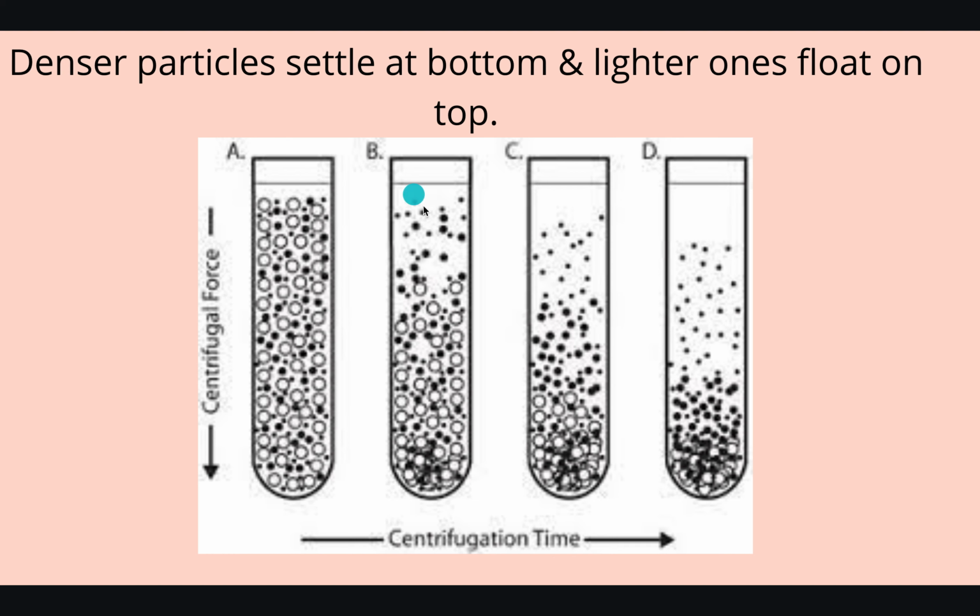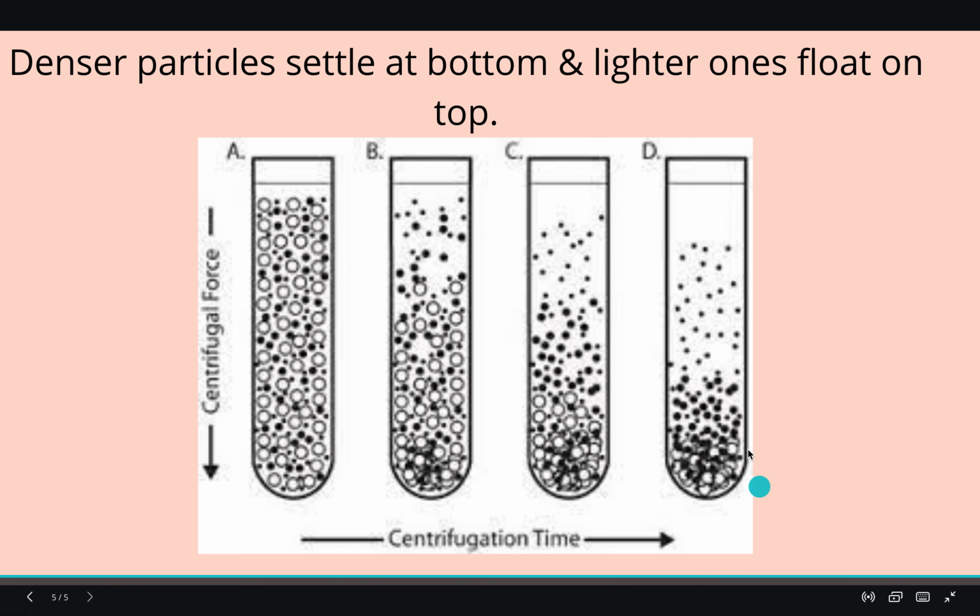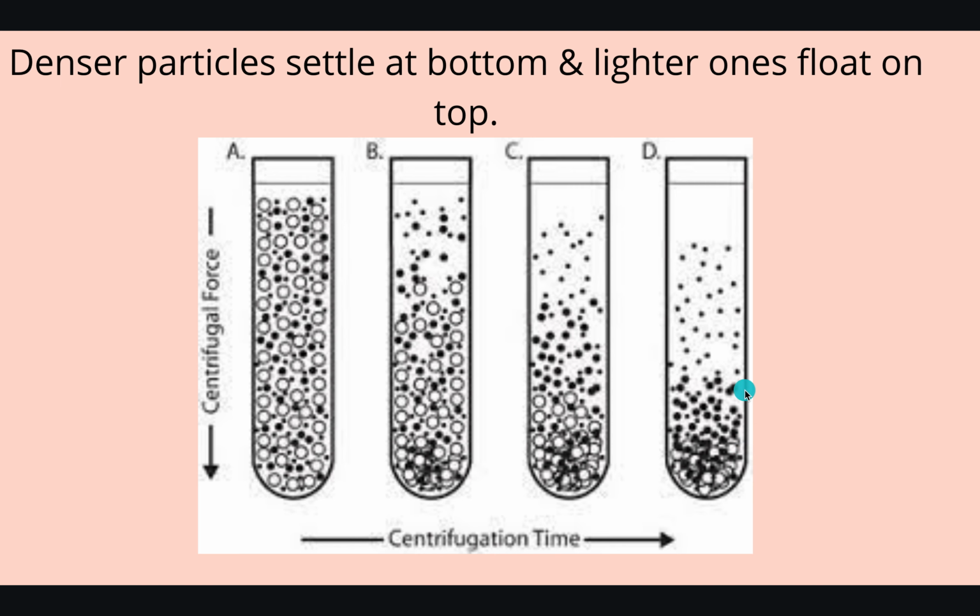When it is spun hard, a little more hard, ultimately what we see is that the denser particles, the denser sediments, are settling at the bottom, and the lighter ones are floating. So if we have to obtain a particular thing from plasma, or for example red blood cells from here, we can easily use this process to separate things out from the blood test.